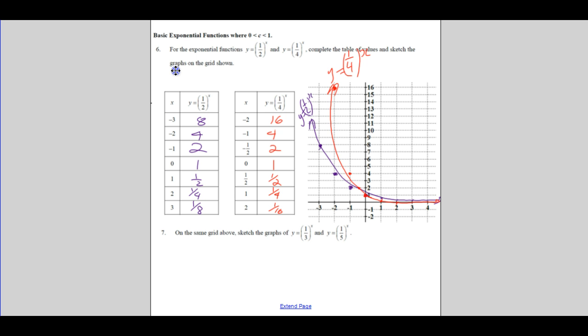Okay, so where would a third go? Below, in between, or above? In between, right? Yeah, in between. And where would a fifth go? To the left, in between, or to the right of the red?